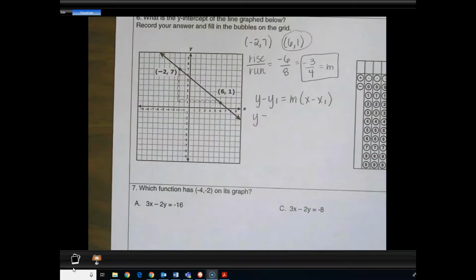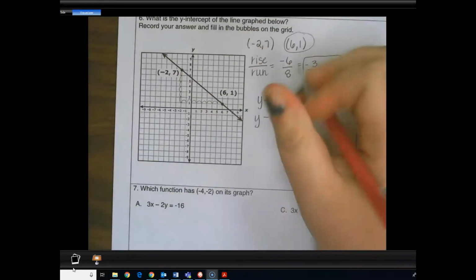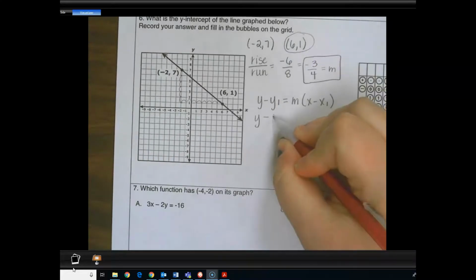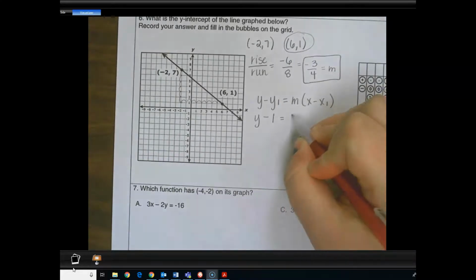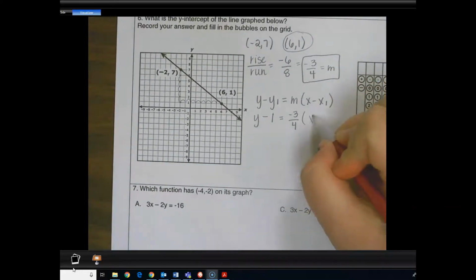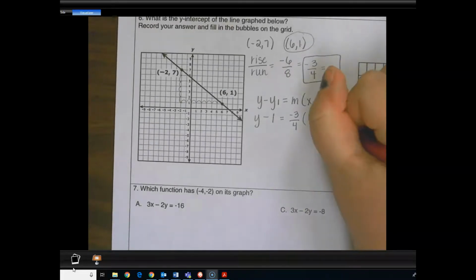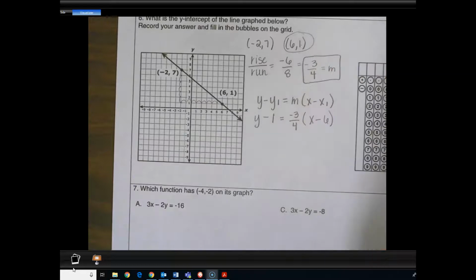You can choose the other one. I know some of you are thinking that's kind of silly, but I do that because I have a lot of students who will do anything to avoid a negative, sorry. I'm just plugging it in. I stuck with this point, so my x value there is a 6.